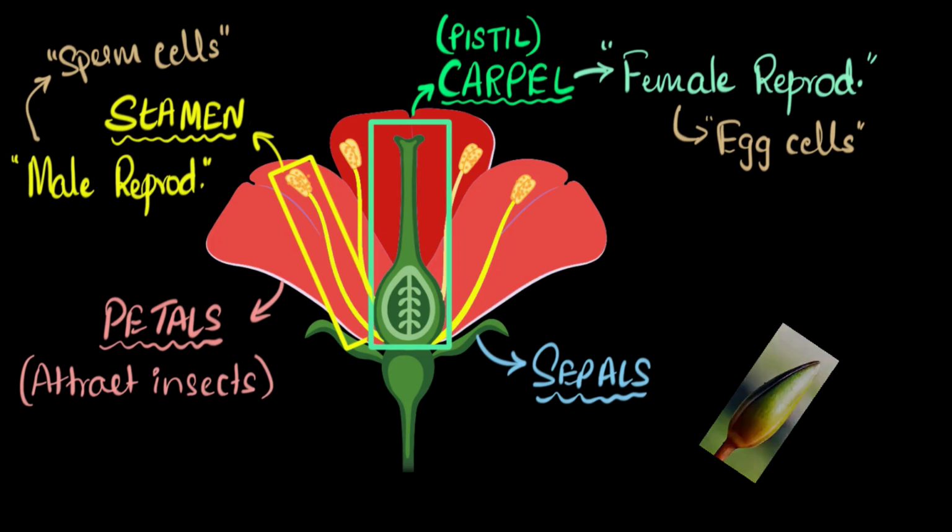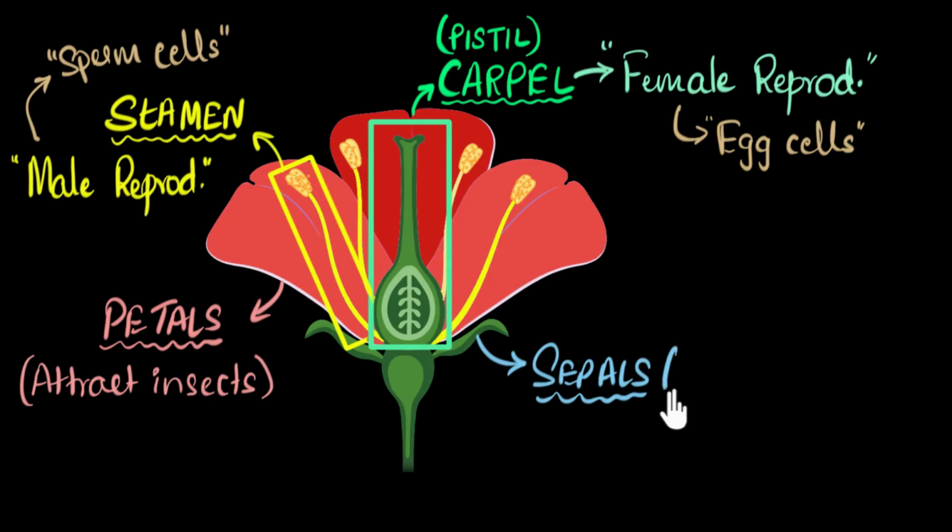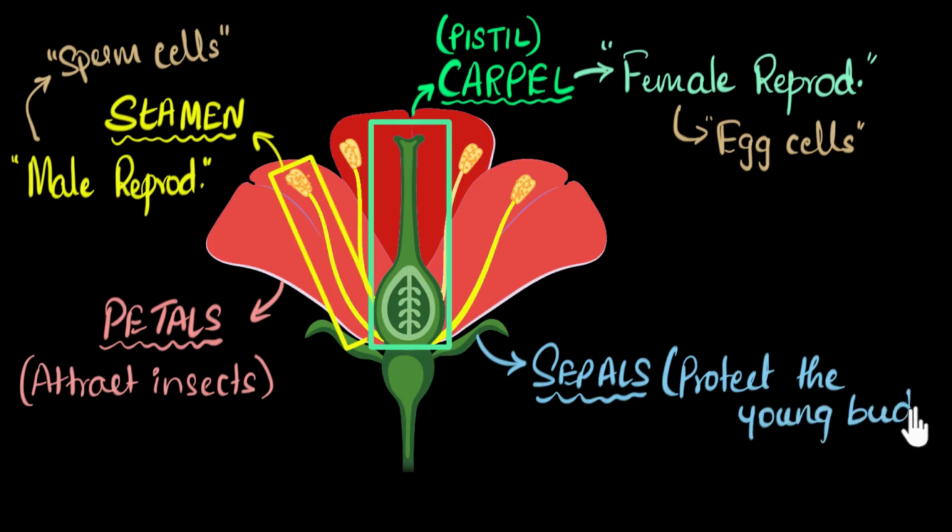So the main job of the sepal was to protect the young flower, the young bud. Of course, now that the flower has blossomed, its job is done, but nevertheless, it did play an important role in its life.